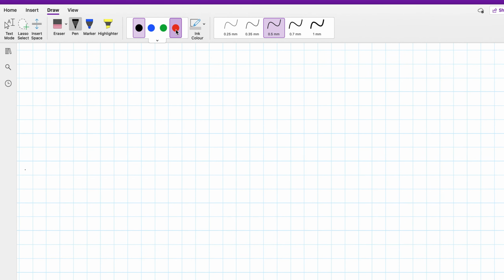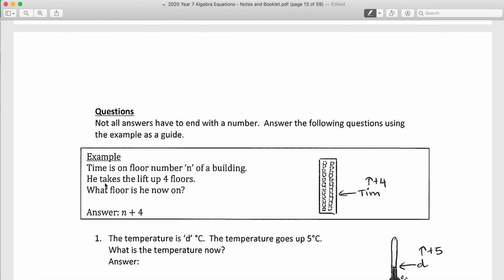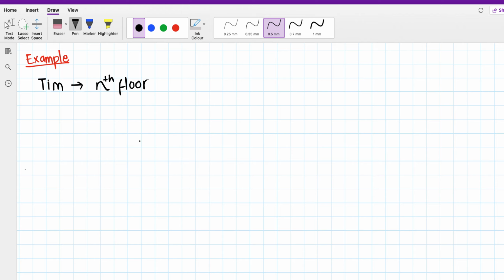So this is an example. Okay, so Tim is on the nth floor. He takes the lift up 4 floors.